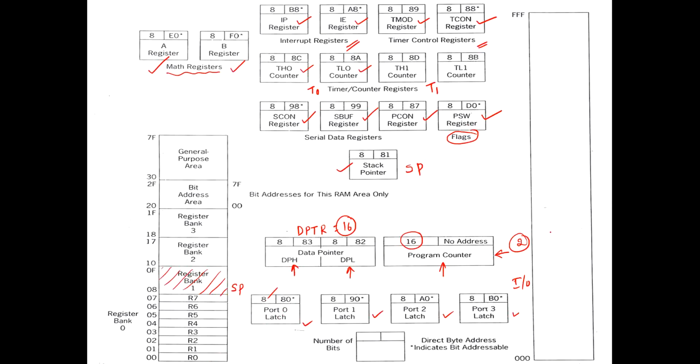Next we have the internal ROM area, that is 4 kilobytes of internal ROM, and the starting address is 0000 to 0FFF. This is where we can store the program. Normally we call this the program memory, and your RAM we call the data memory.